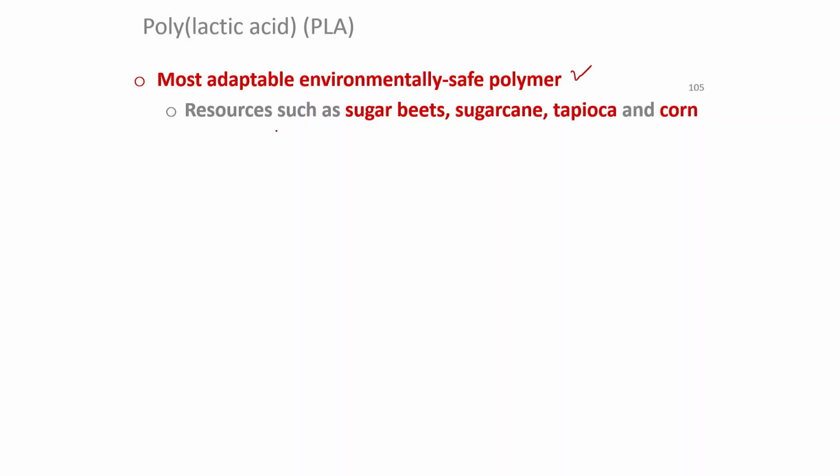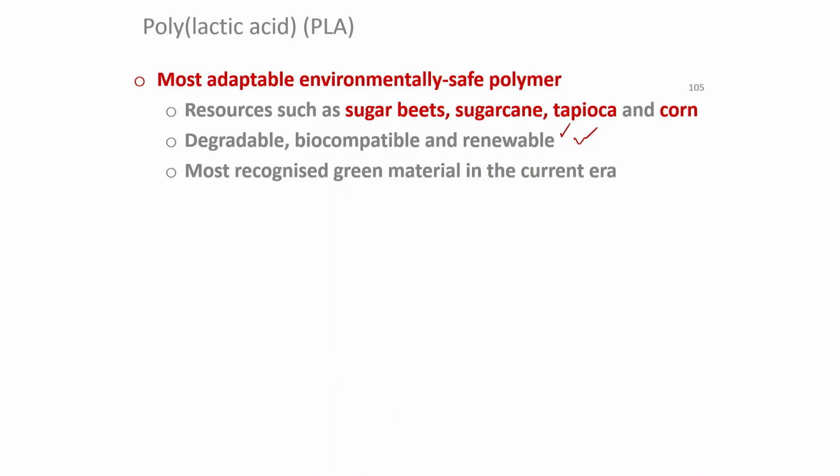The resources are very common, sugar beet, sugar cane, and these are degradable, biocompatible, renewable. It does not release any toxic component. It is the most recognized green material in the current era. So, PLA we have selected to blend with the chitosan.